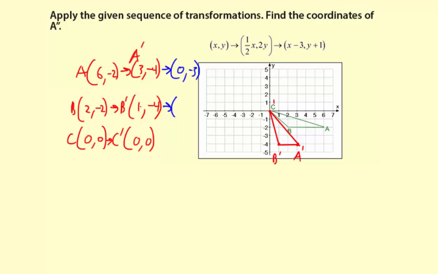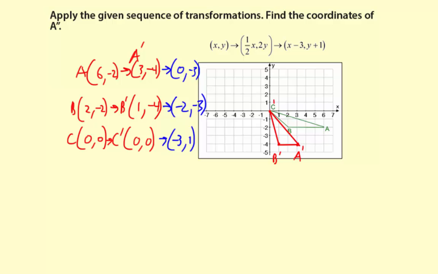Then we're going to take this x value, 1, and then 1 minus 3 is negative 2. And then for the y value, negative 4, and then plus 1 is negative 3. Then for the C prime, 0 minus 3 is negative 3, and 0 plus 1 is 1.